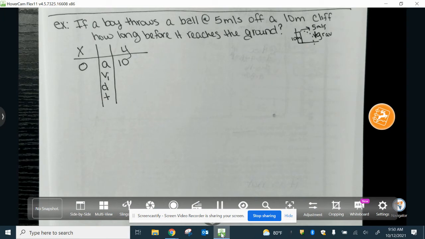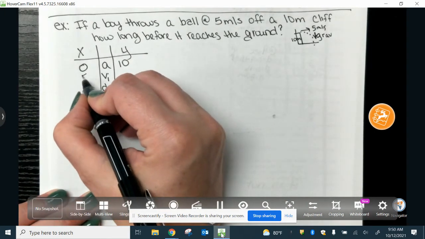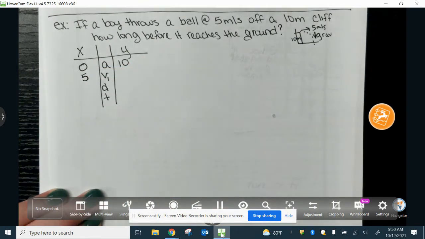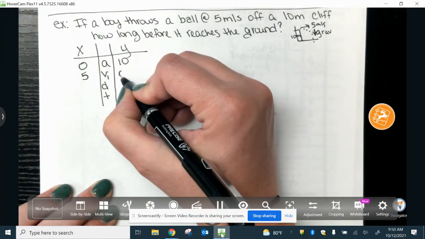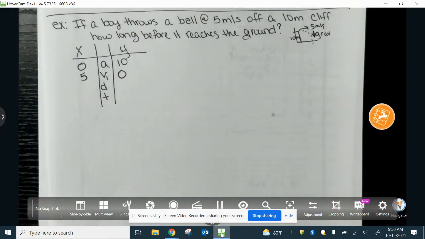It says if a boy throws a ball at 5 meters per second, so that is my Vi. He's throwing it horizontally, so that's my Vi in the x direction. In the y direction, it's 0 because the initial velocity of anything that you drop, before you drop it, is 0. And it says a 10-meter cliff, so that's a distance.